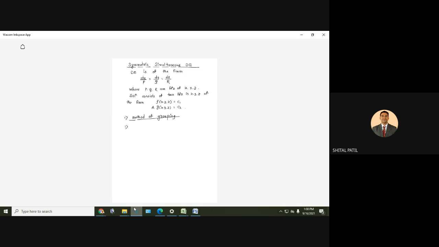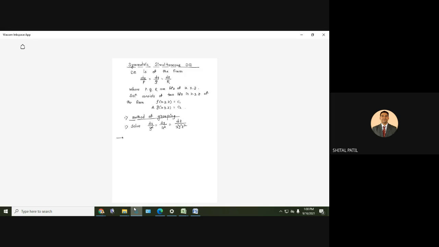Okay, so method of grouping. Solve. Let's start with a simple example. dx divided by y square, dy divided by x square, and dz divided by x square y square z square.